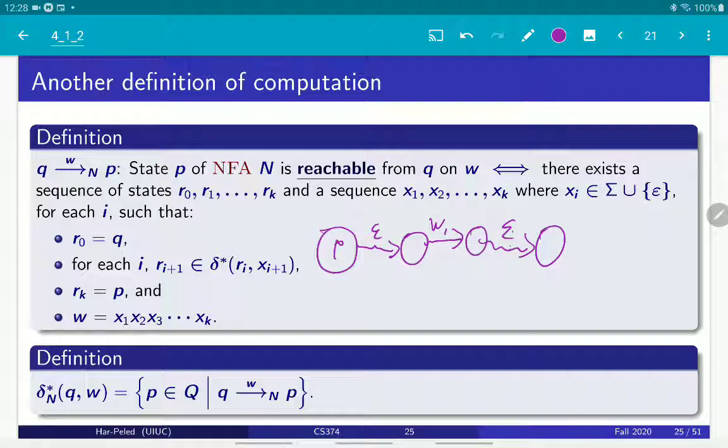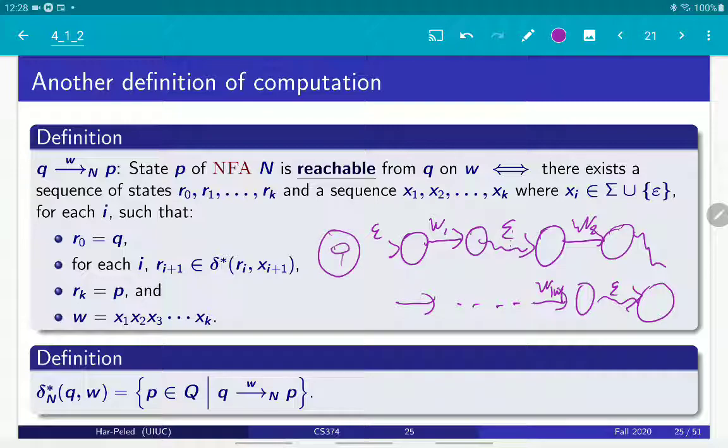This epsilon transition might of course be several epsilon transition edges. You take the second character, W2. Again, you do epsilon transitions, and so on. You alternate until you handle the last character in W. You go to a state, you do an epsilon transition, and you get to the state. Oops, I said P, and of course I should have written Q. And you reach the state P.